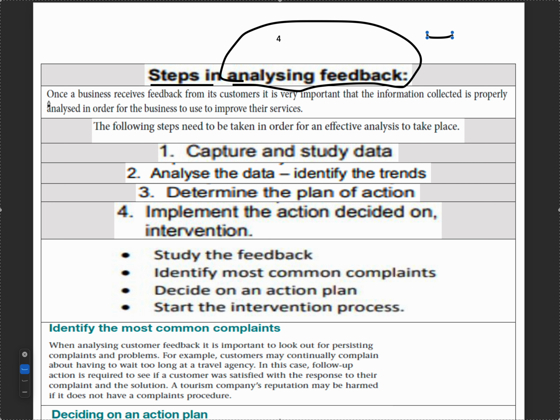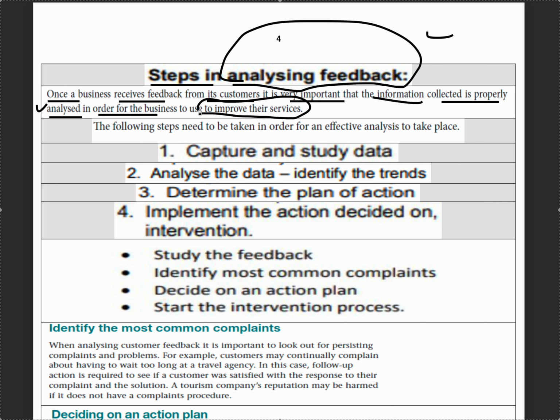So here they say once a business receives feedback from its customers, it is very important for the business that the information is collected properly and also analyzed, so that the business can improve its services.